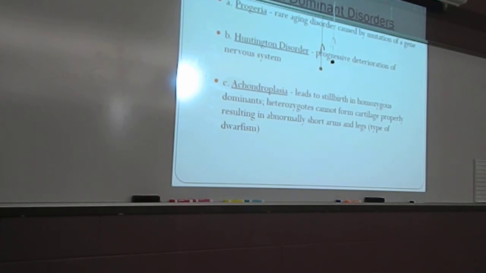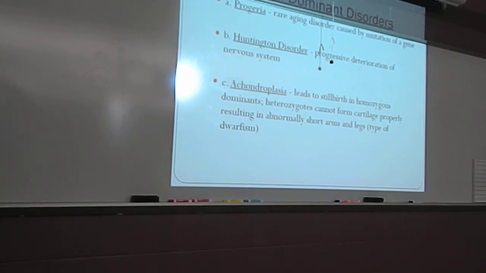Okay, they have that disorder, they look like they're 90 when they're 8. Okay? They have very thin skin. Their eyes are sunk into their skull. Their teeth are more than likely gone. They have very scraggly hair. They have heart attacks before they reach maturity.